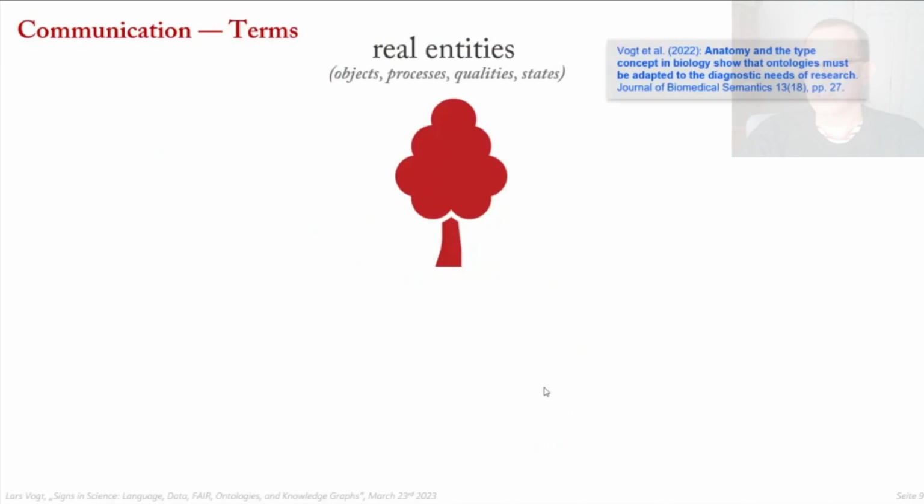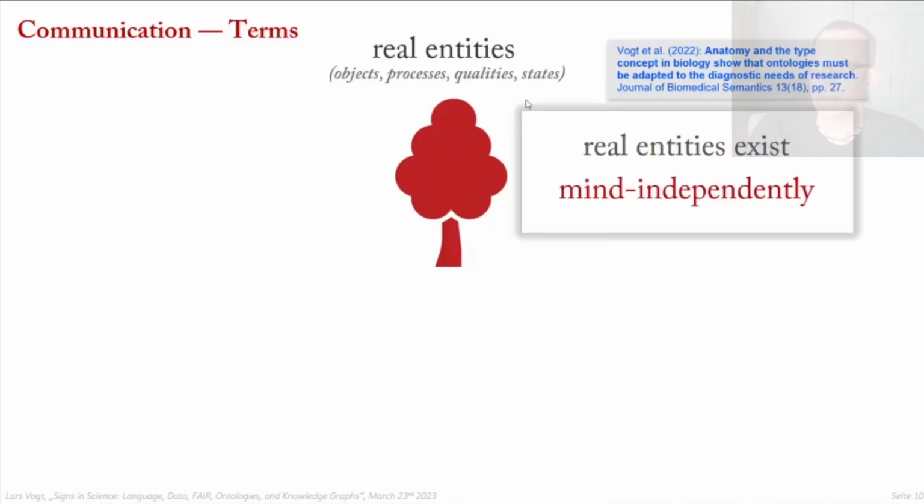And this goes back to a more fundamental problem that we have when we communicate, and that's world building in a way. So we take here the position of scientific realism, that we assume that there are real entities, which means objects, processes, qualities, and states that exist independent of me looking at them, perceiving them.